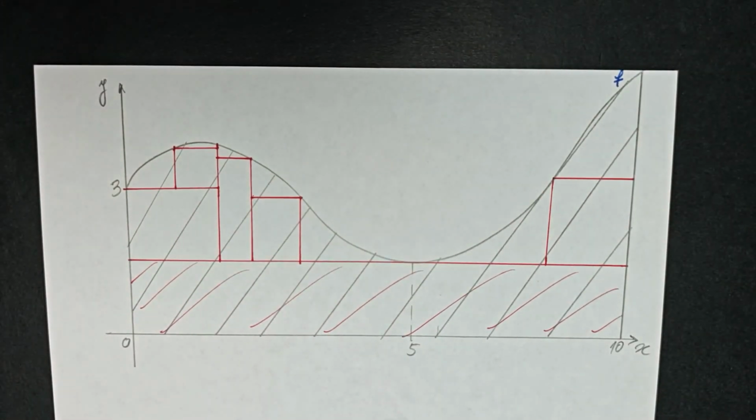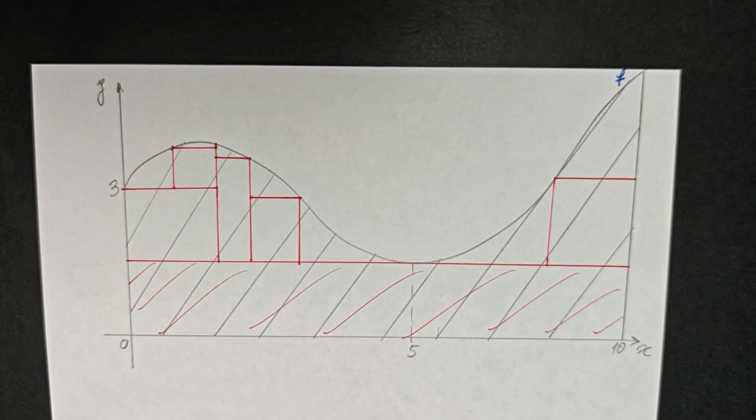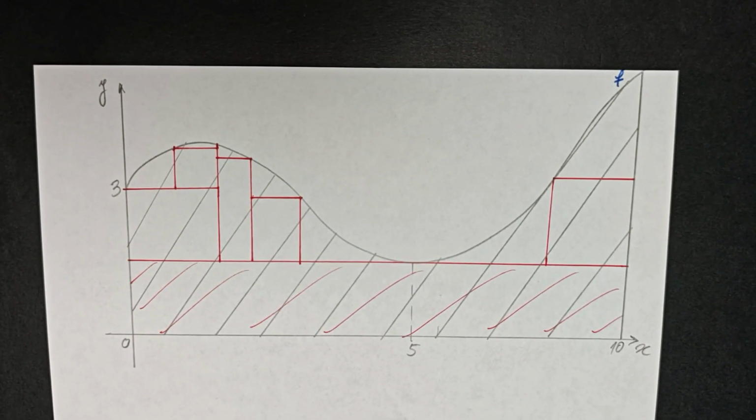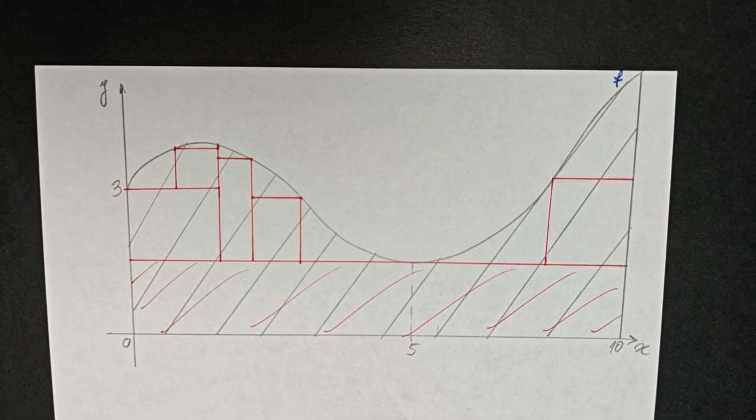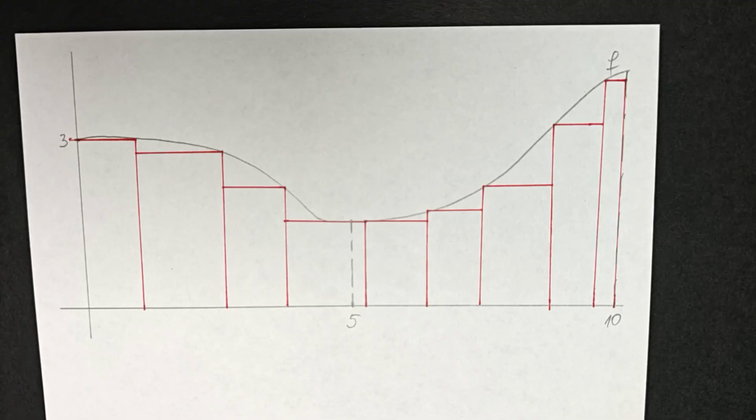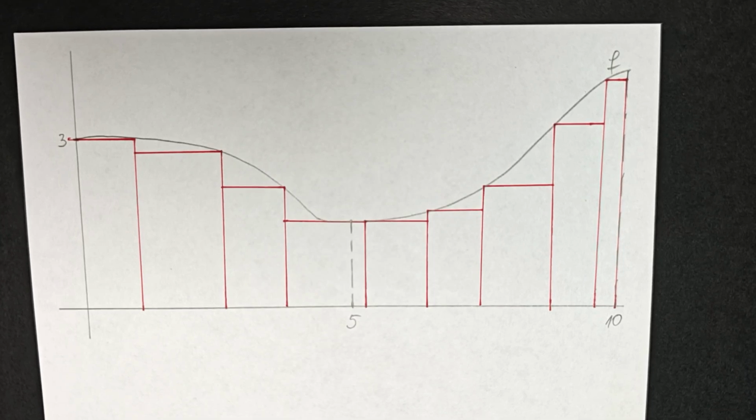Now in this picture I have taken some arbitrary rectangles to give you a feel of the concept. Now we are not going to do that by using any rectangles. We want more control of the process. So we are going to gain that control by using rectangles like this.